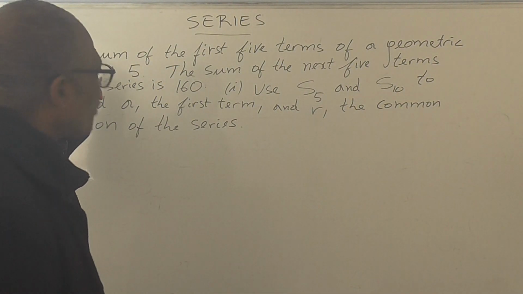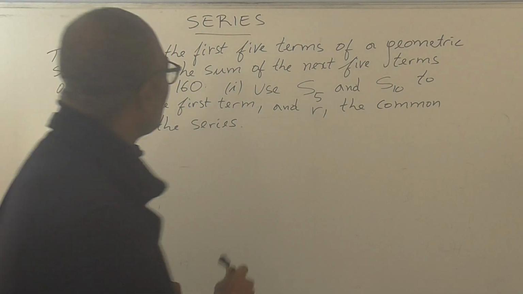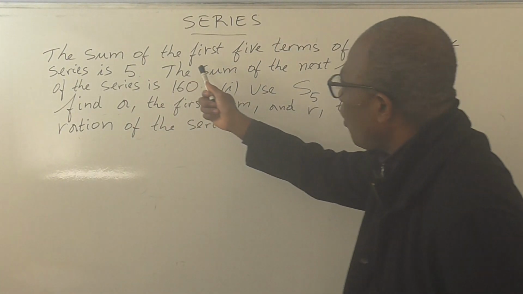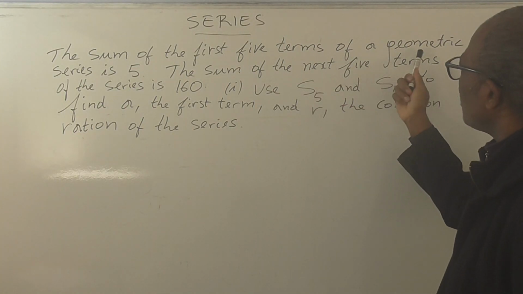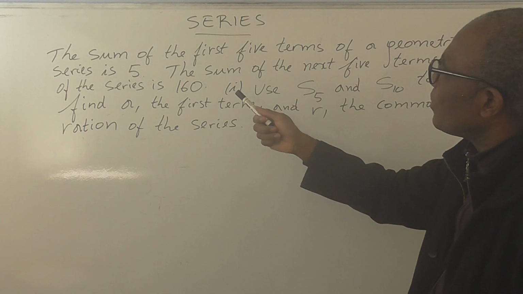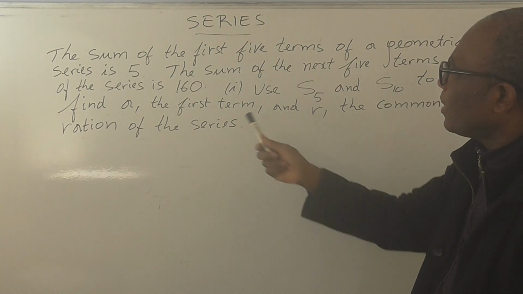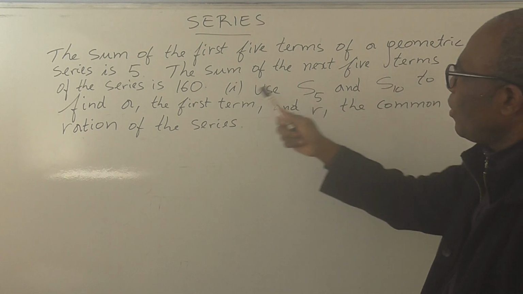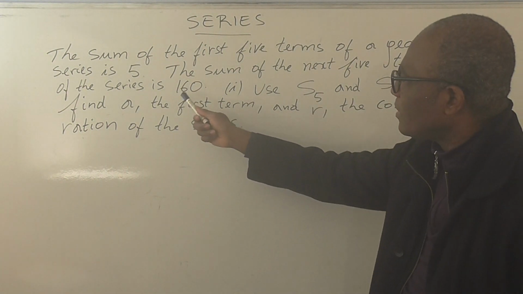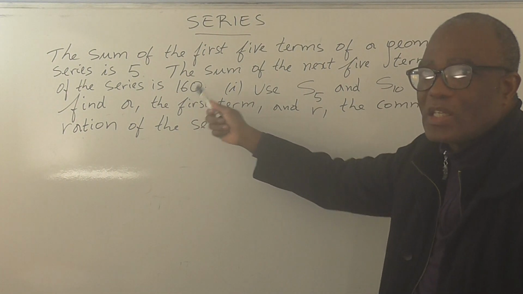So the question is on the board. The sum of the first 5 terms of a geometric series is 5. The sum of the next 5 terms of the series is 160.